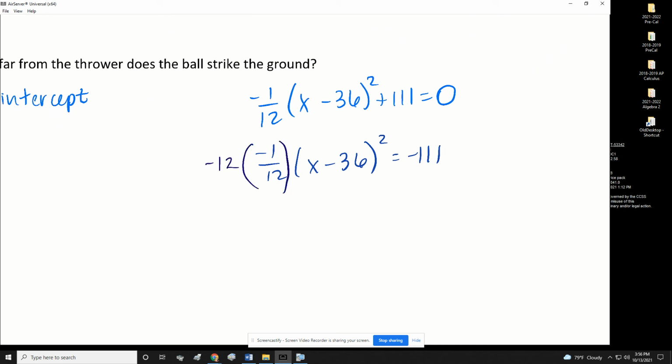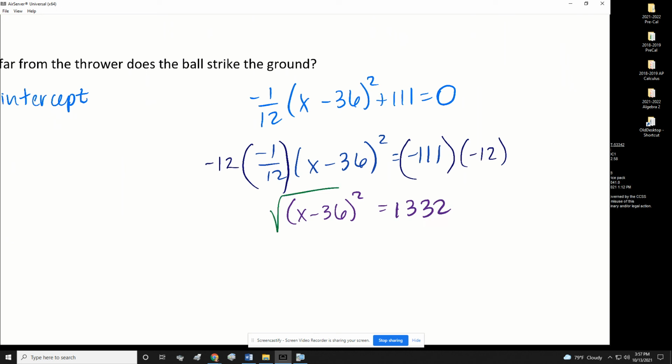All right. So instead of dividing by negative 1/12, I'm just going to multiply by the reciprocal. Okay, and then I am just going to round this to 3 decimal places.